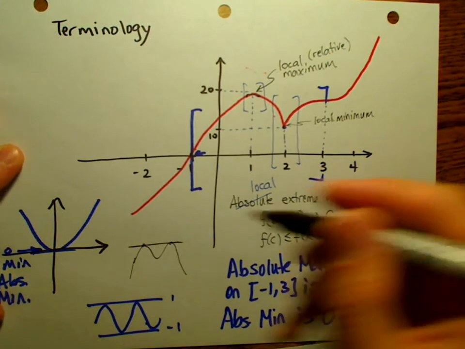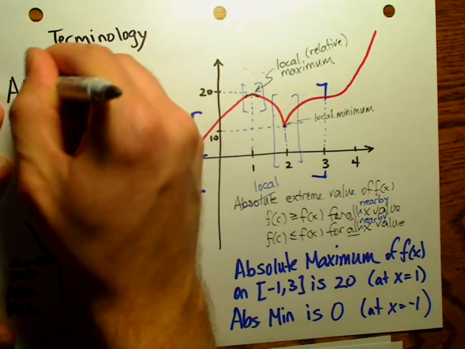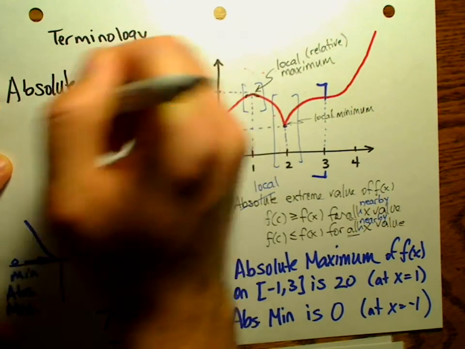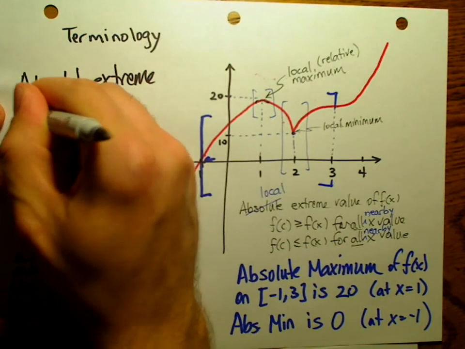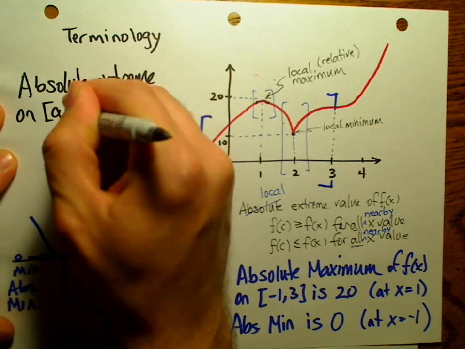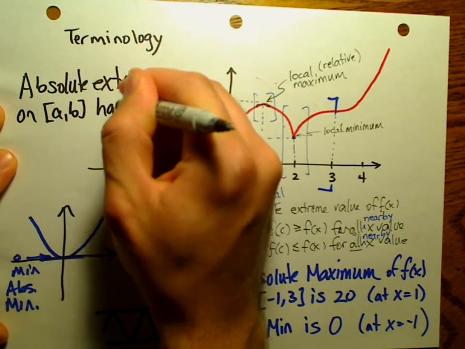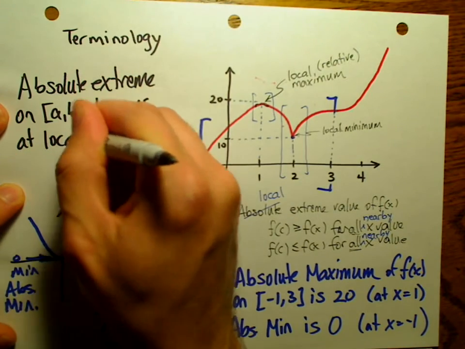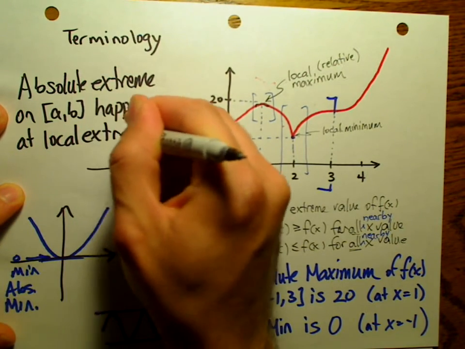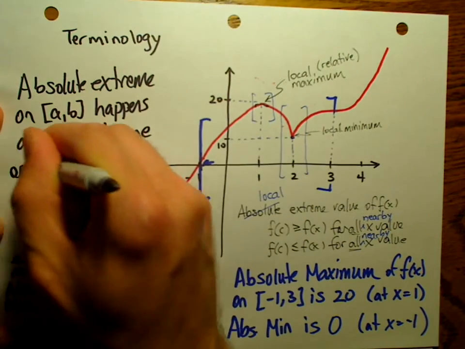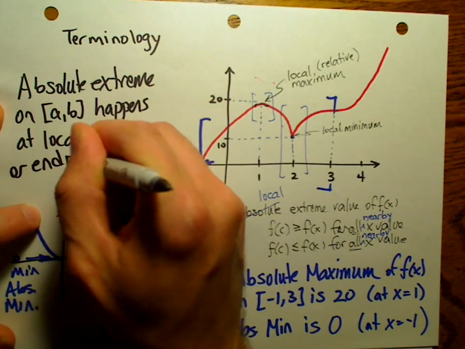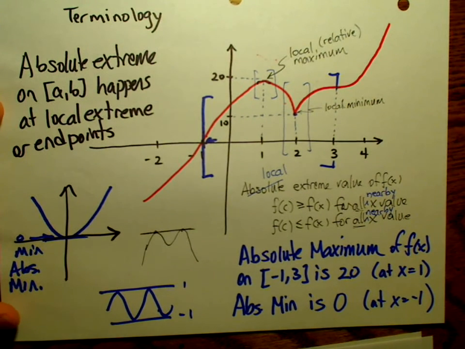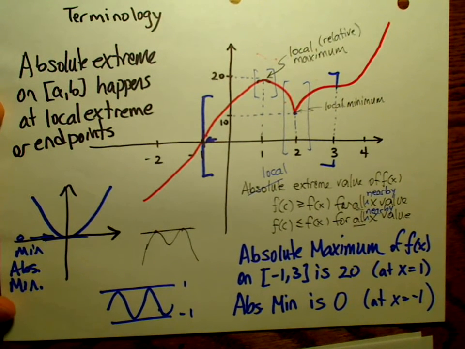An absolute extreme on a closed interval from a to b happens at either a local extreme of the same type, maxes happen at maxes, or endpoints, and only there, which narrows our list of candidates for where we have to check for how high things are down to a pretty narrow category.